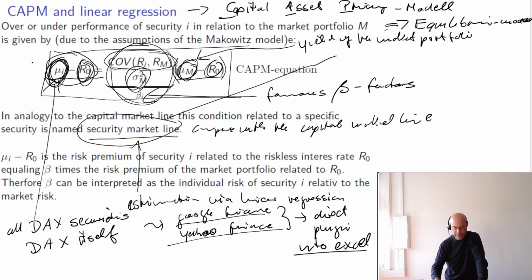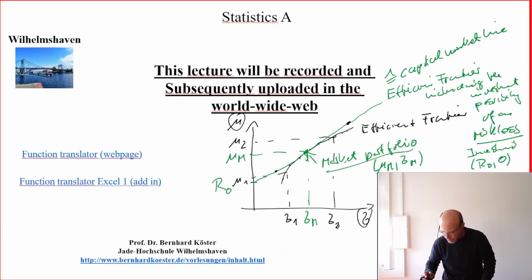For the security market line we use the abbreviation SML, and for the capital market line, the abbreviation CML.